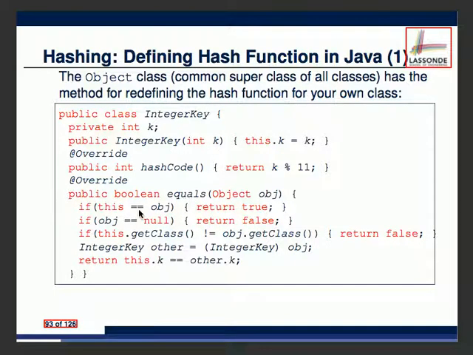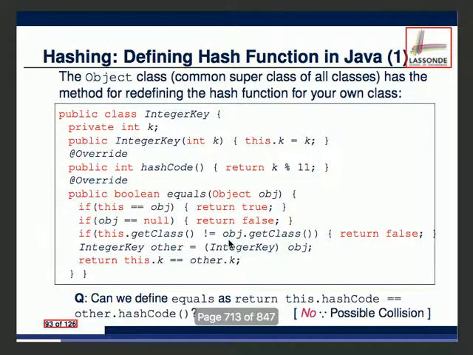Let's say we want to replace the definition of the equals method by simply saying return this.hashCode equals other.hashCode. The question is, would it work?